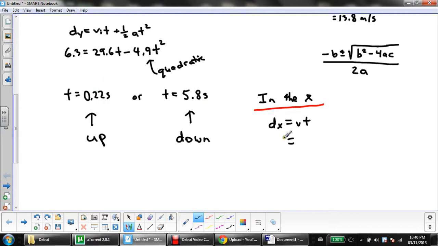So my time is 5.8 seconds, and my velocity is 13.8 times 5.8.